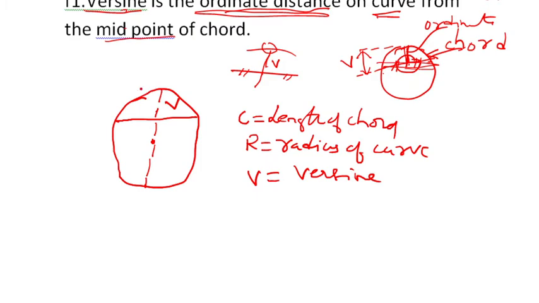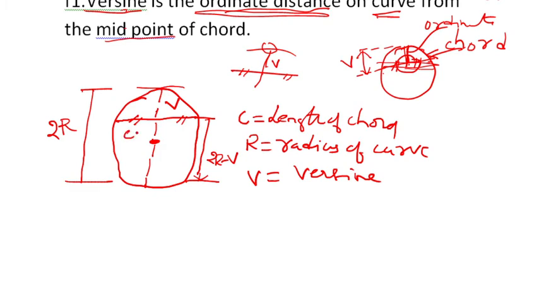This distance is versine. From here to here, this distance is 2r, so this distance is 2r minus v. The total chord is c, so this is c by 2 and this is c by 2, and this is center O.